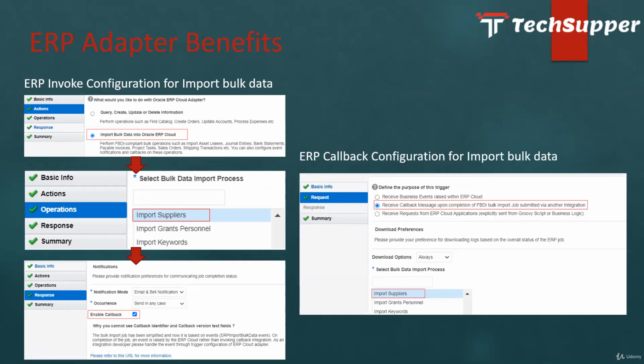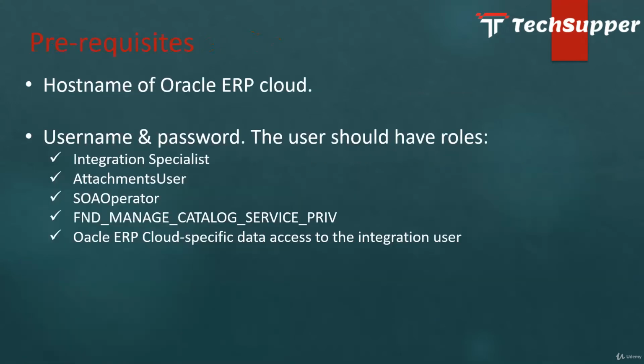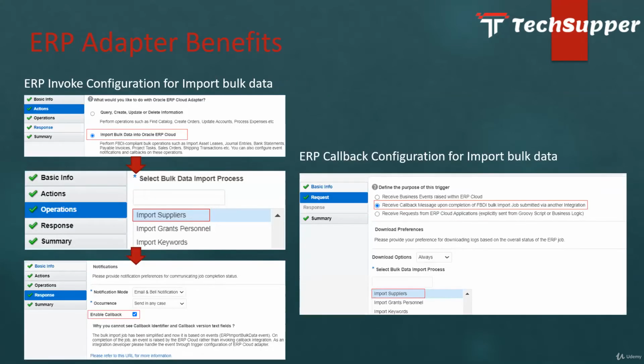When you go to next, in the response screen, you see enable callback. Once you click on this, you don't see the integration name and the version of the callback integration. In the earlier release, you may have noticed the integration name and the version, but now this wizard has been simplified. So here you just choose enable callback, nothing else.